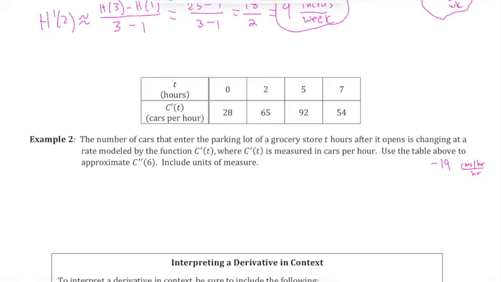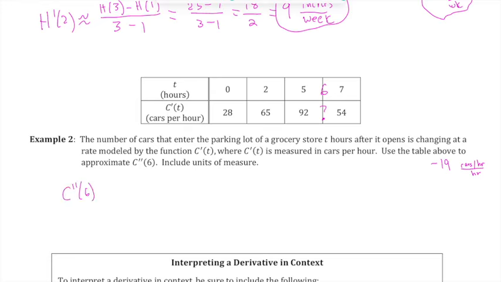Now, if we were trying to estimate the second derivative at 6, that's going to be here. And again, this is the first derivative, so we're just going to use average rate of change, again, to approximate what's happening at 6 hours.